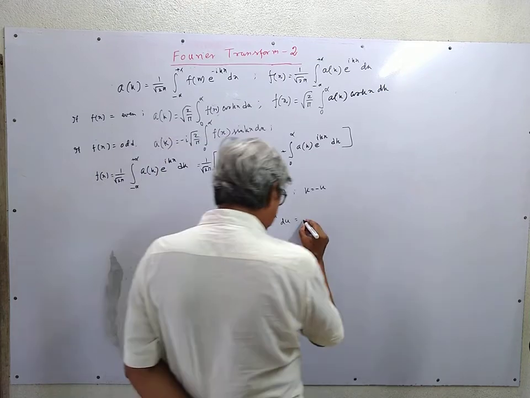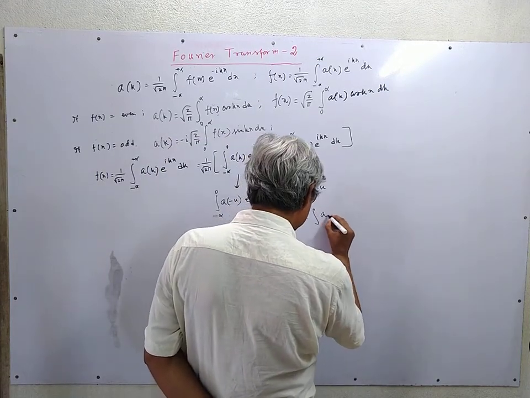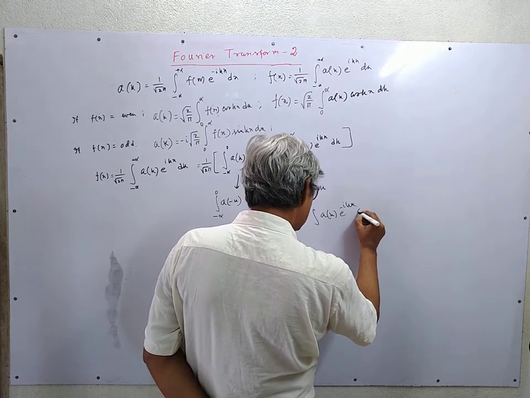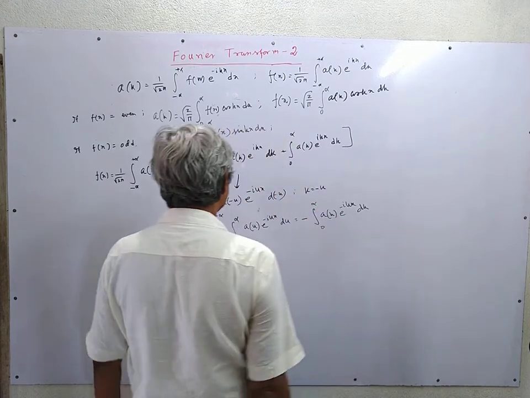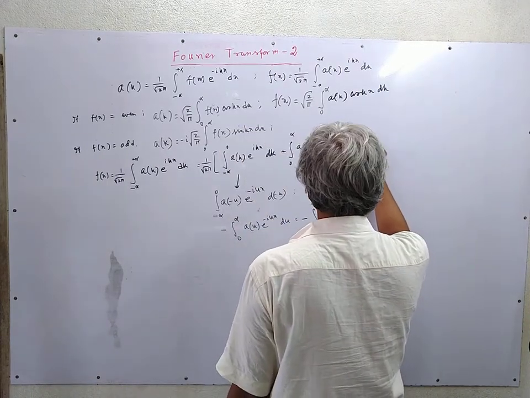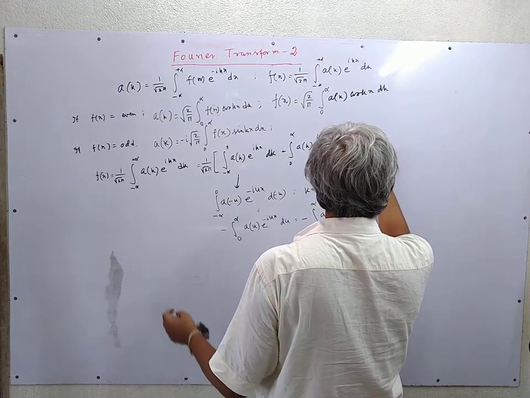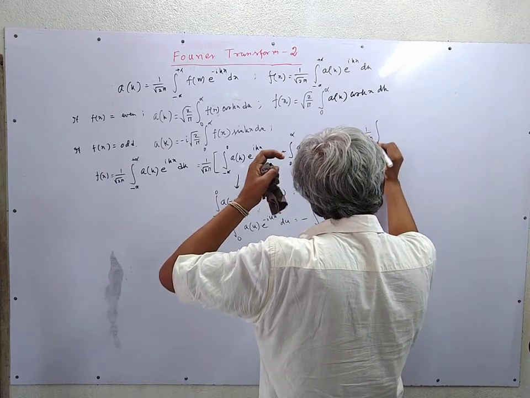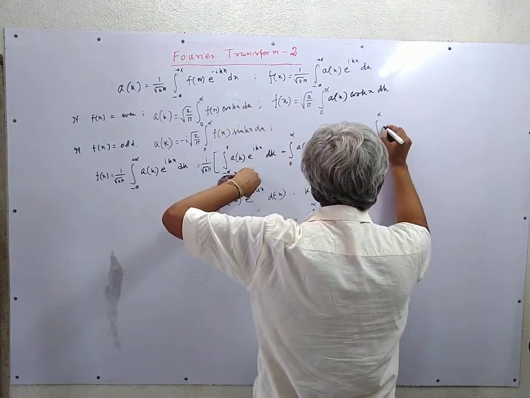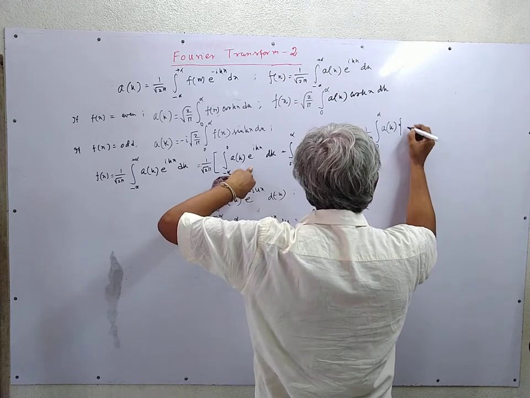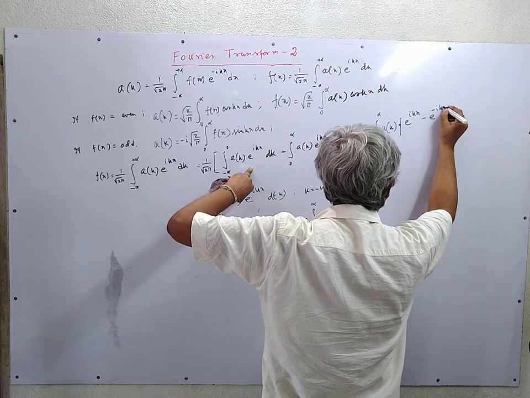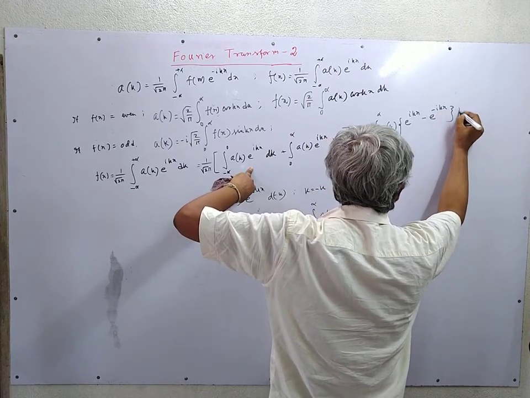Where you can now change u by k. This is the second integral. So the thing that becomes 1 upon root 2 pi, integration from 0 to infinity. This part is minus, a of k common, then e to the power ikx minus e to the power minus ikx, dk.